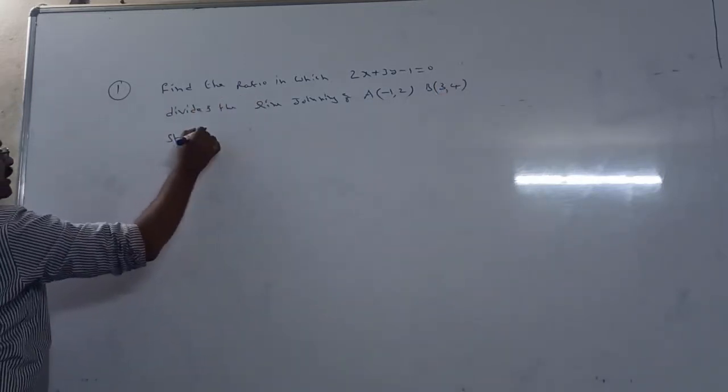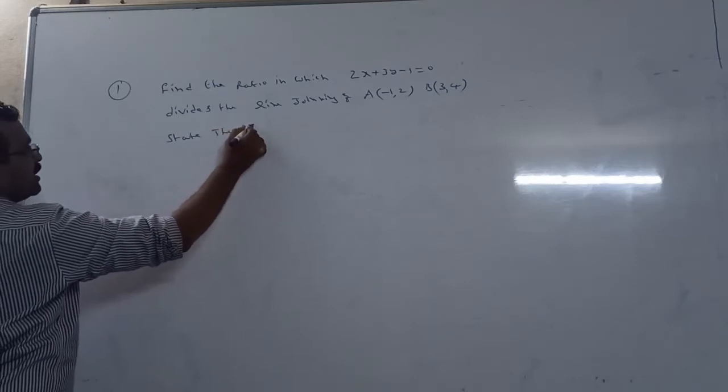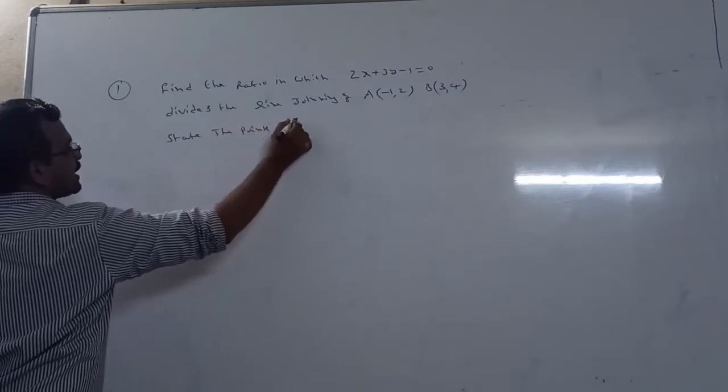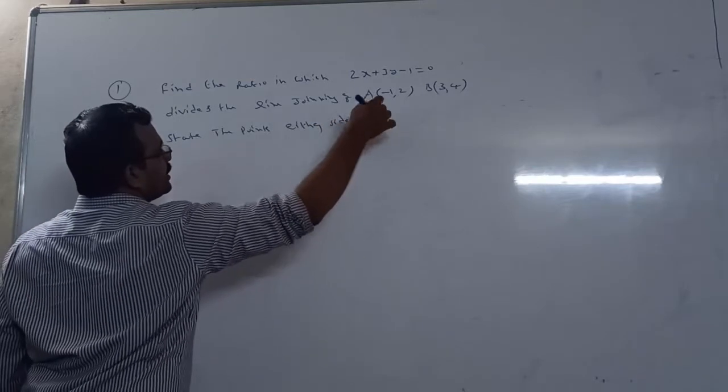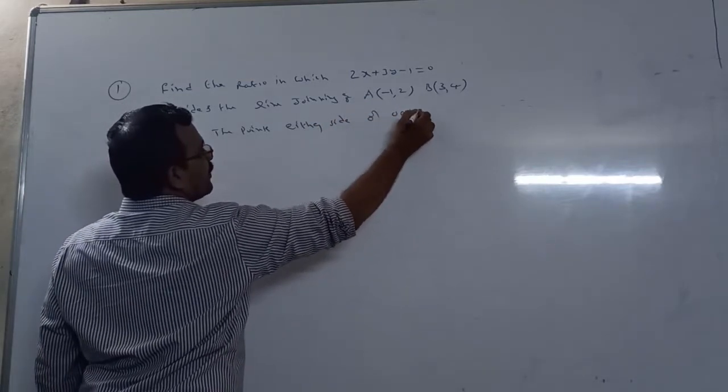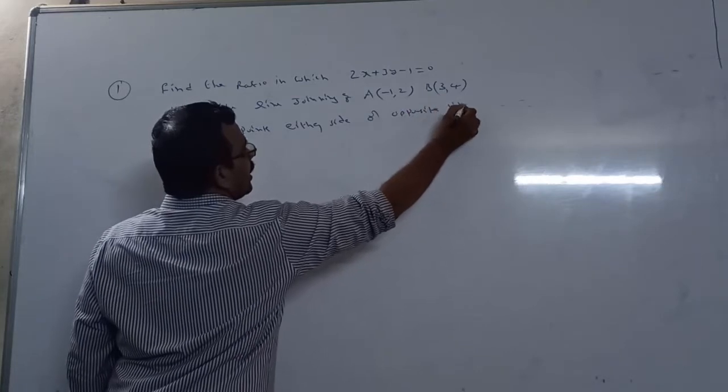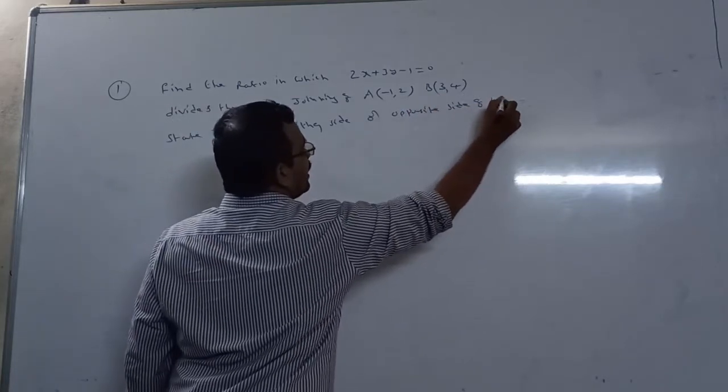State the points are either side or opposite side of the line.